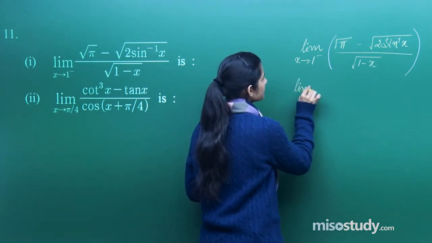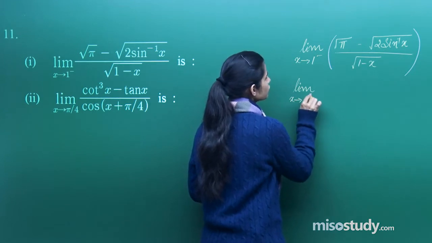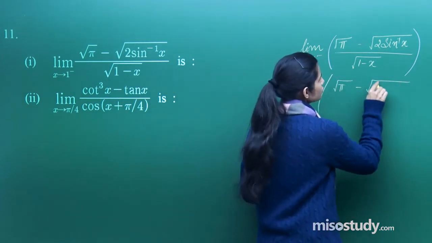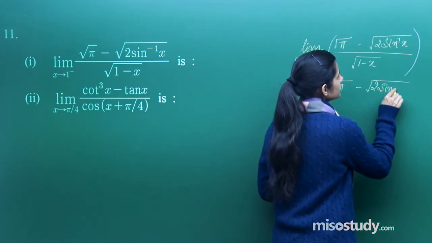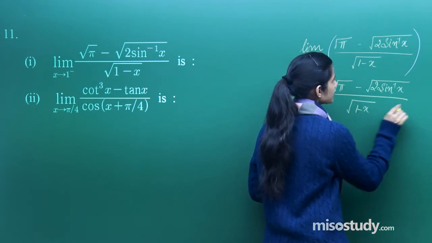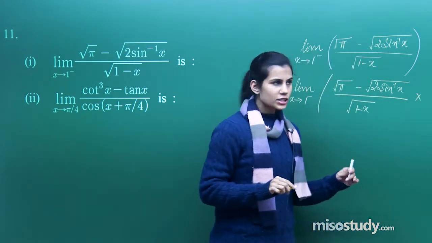This will be limit x tends to 1 from the negative of (root pi minus root over 2 sine inverse x) whole upon root over 1 minus x multiplied by, what are you going to do?